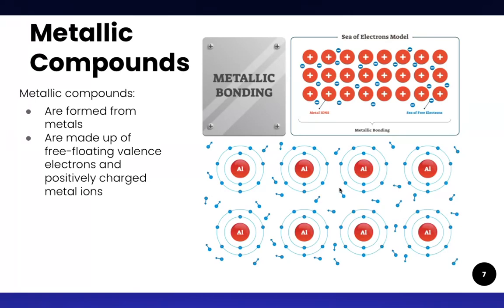Finally, the last type of bond is metallic bonding. Metallic compounds are formed from metals. So it's a metal-metal bond. And typically they're formed from the same metal. So in the example I have here, it's a bunch of aluminum atoms in a lattice.